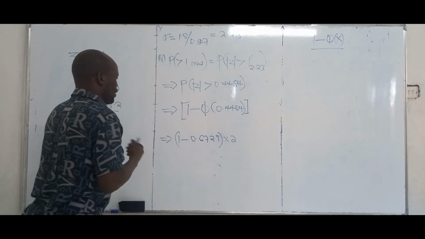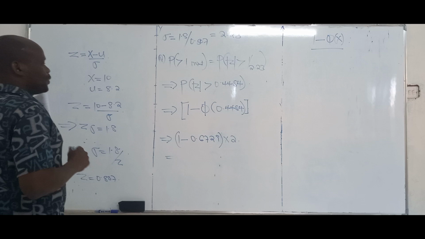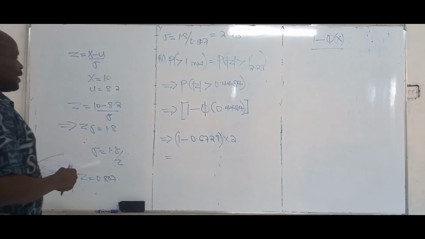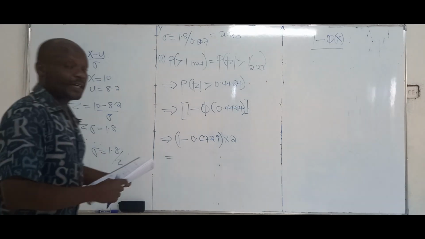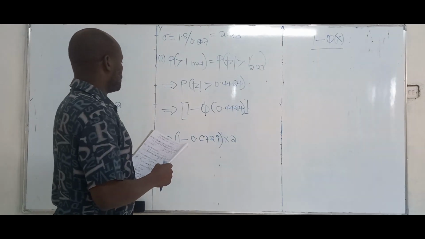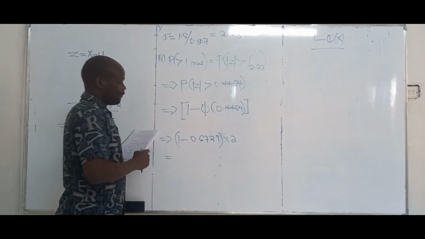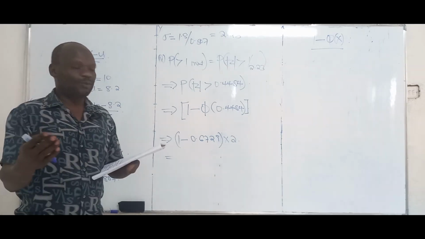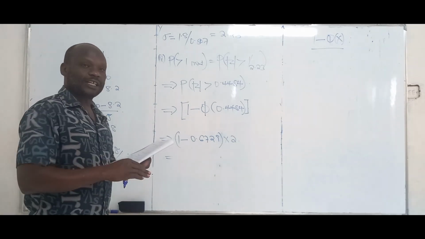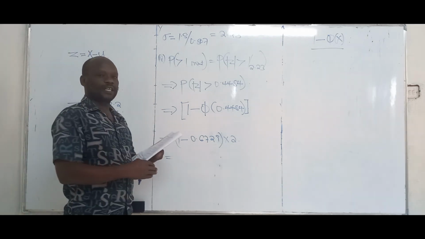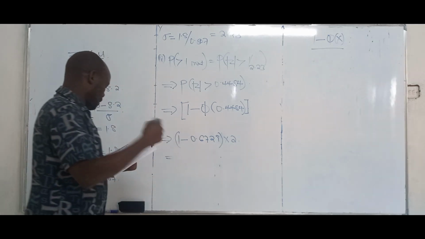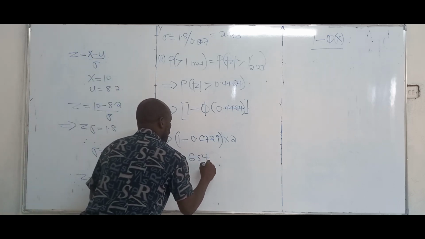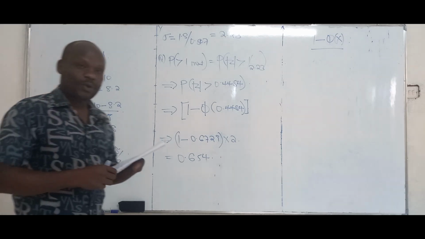If you subtract this from this, then multiply by that, I'd work them out, and you need to confirm if the answers I'm giving are consistent. From my end, I'm already convinced, but you need to do it yourself so that you are convinced that the values we are giving here are indeed the true values. So that should give me 0.654 as the probability that I want.